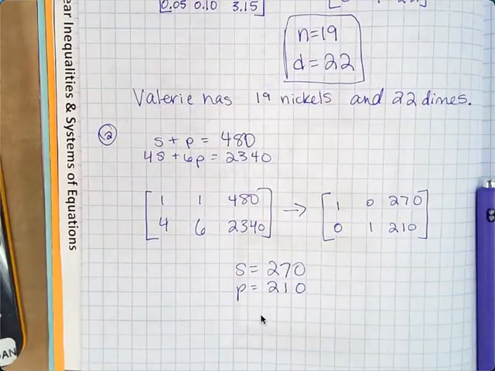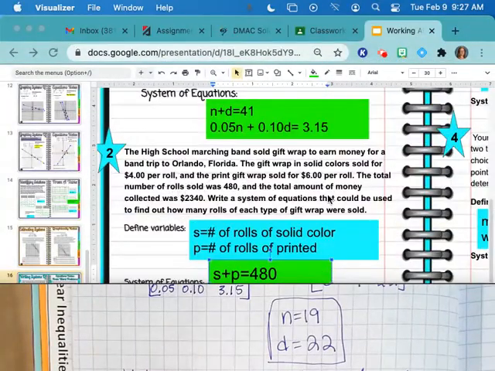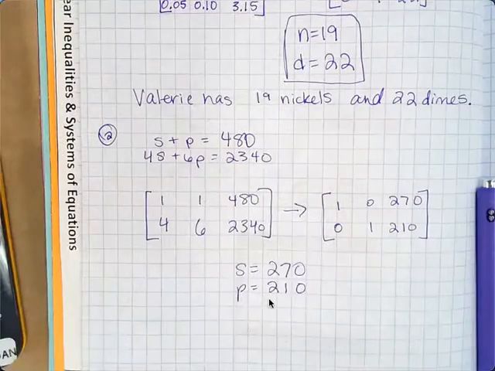Okay, so whenever you do it, you get that S is 270, P is 210. So what you have to do is you have to look back at the word problem to determine how to write it in a sentence. So it says, write a system that could be used to find out how many rolls of each type of gift wrap were sold.